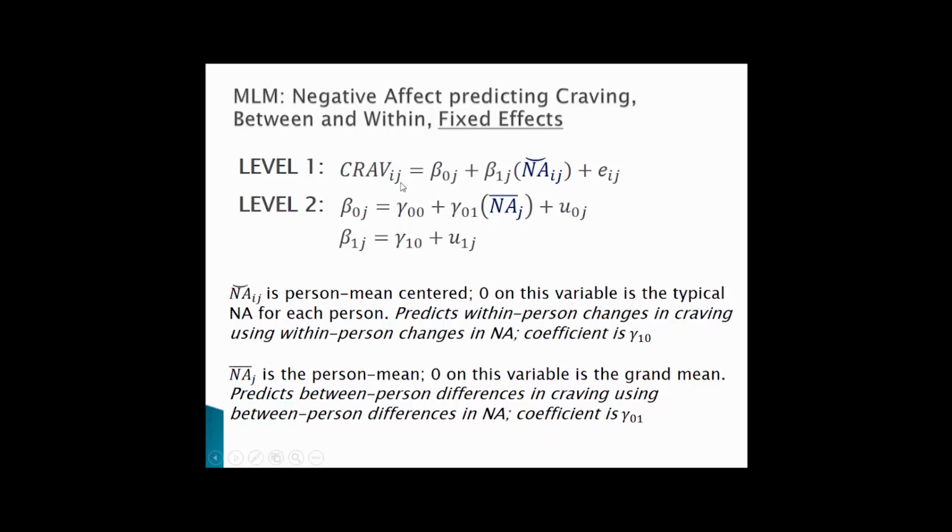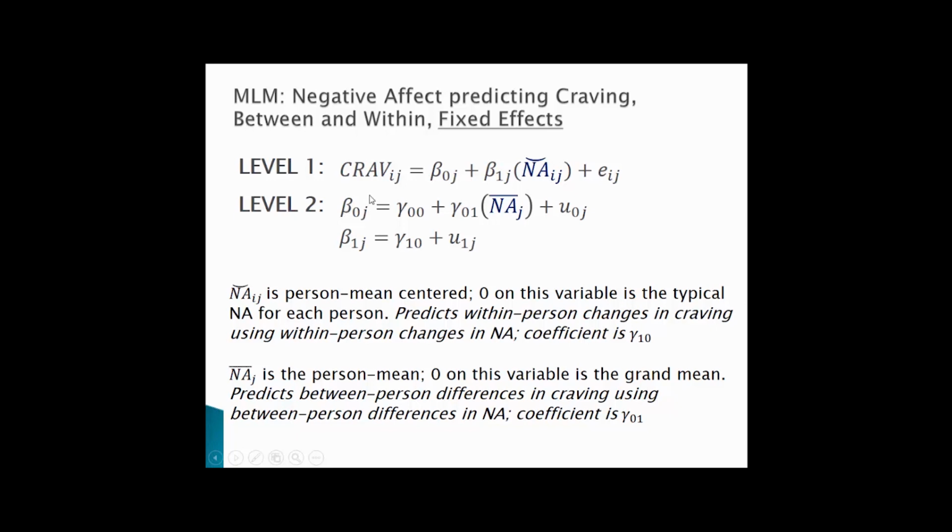Because essentially what we're doing here is a different regression for each individual. This isn't actually what the model does, but you can conceptually think about it this way. And then modeling the parameters that we get for each individual across individuals. So now we get a mean of craving for individual J when a person is at their typical level of negative affect.